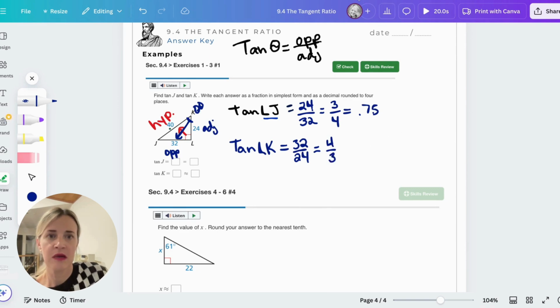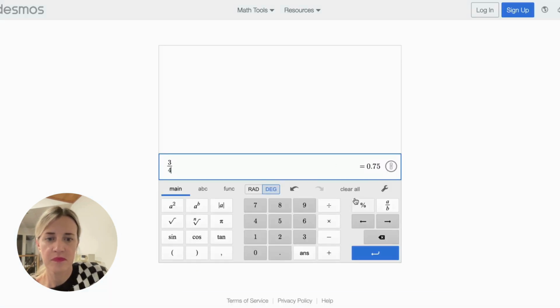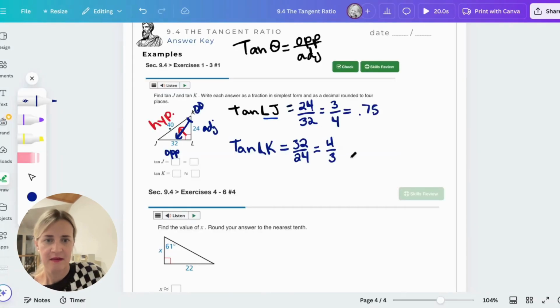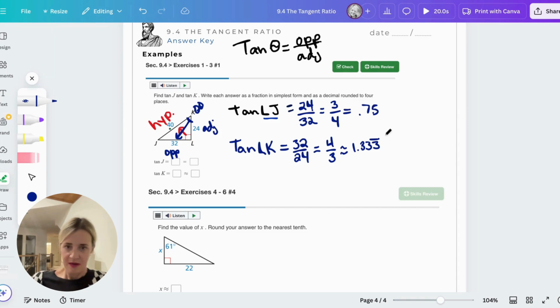Put that into our calculator. 1.333 repeating. That means repeating. Okay, so this one's just setting up the ratio.